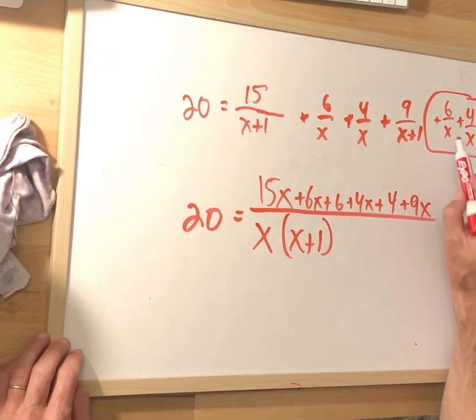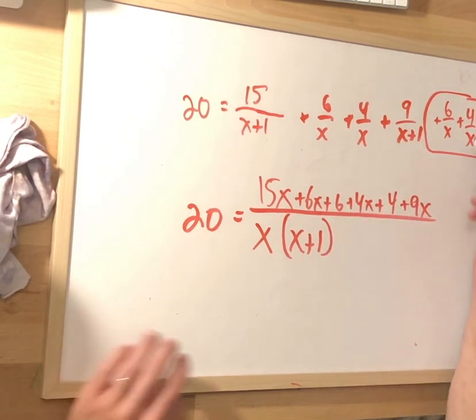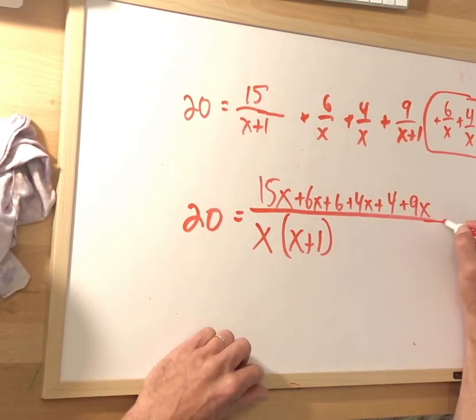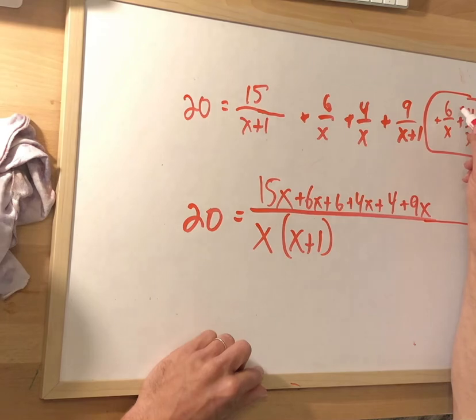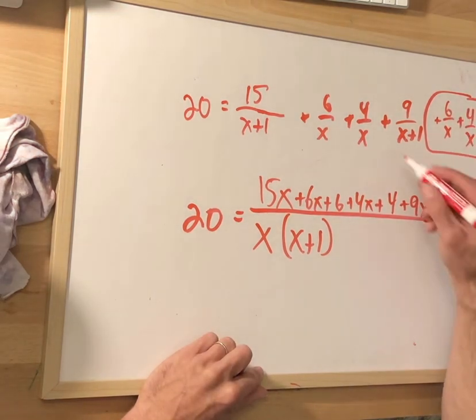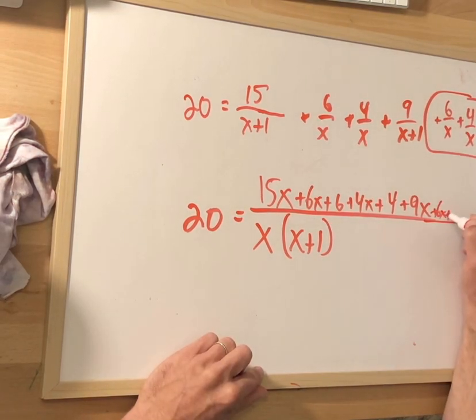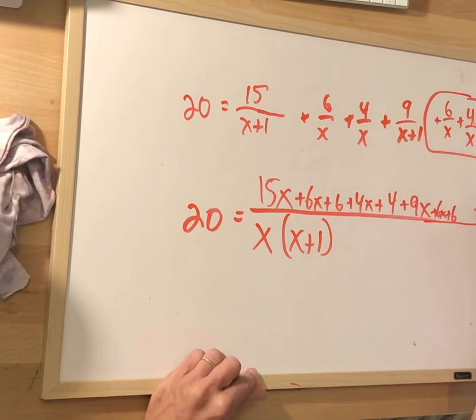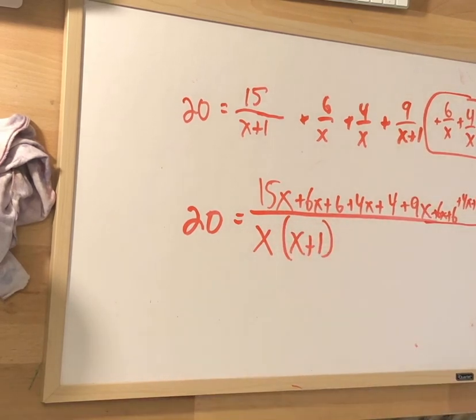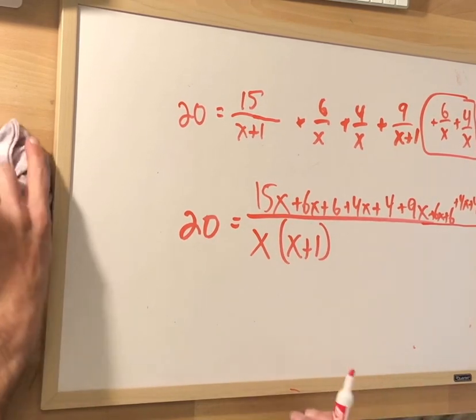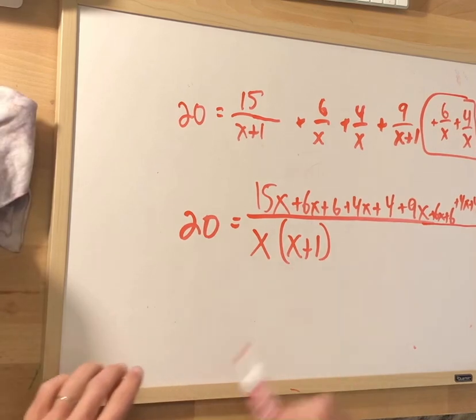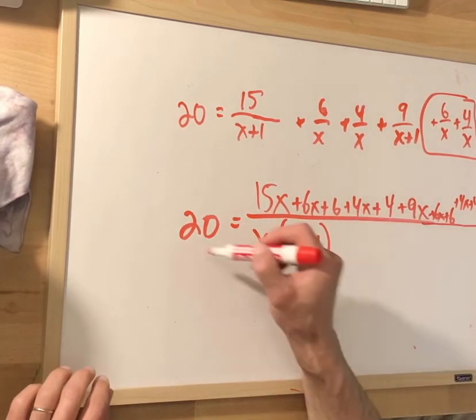So you're going to have to figure out, multiply this again by x plus 1, which is going to give me 6x plus 6. Multiply this by x plus 1, which is going to give me 4x plus 4. Here's your equation. And then you're going to solve for x. You just combine all of these together and solve for x.